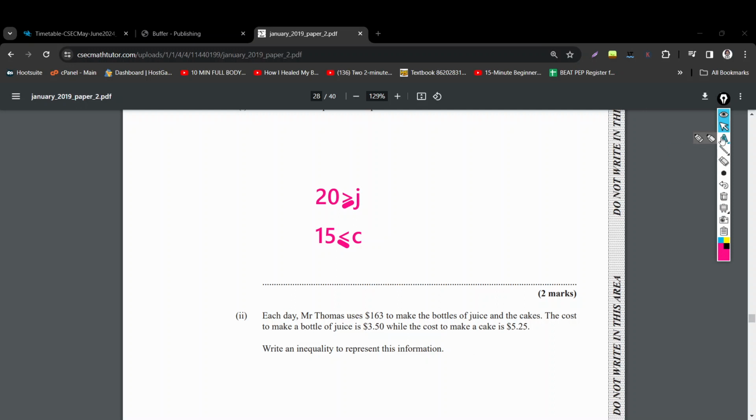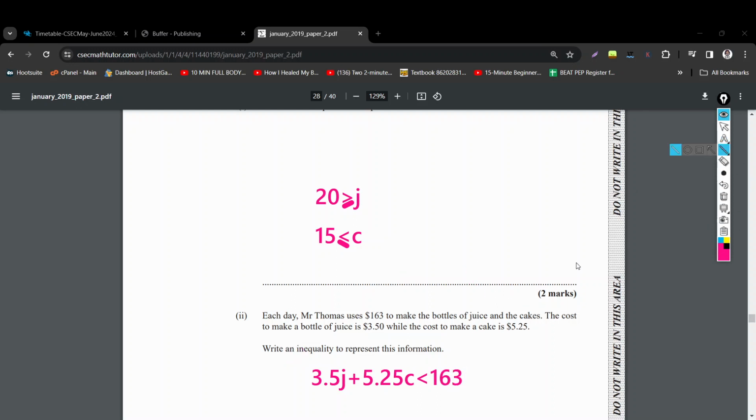Okay. So this isn't too bad either. We're going to say 3.5 J plus 5.25 C must be less than or equal to 163.